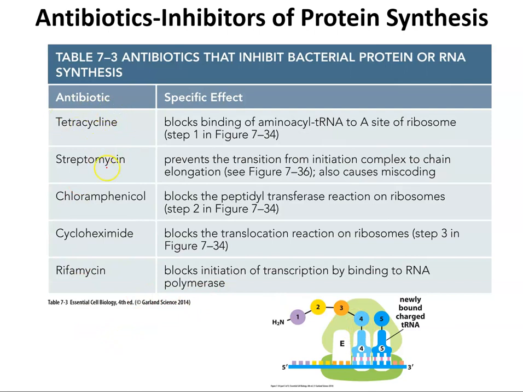So tetracycline, streptomycin, chloramphenicol, cycloheximide, rifamycin are all different things that typically bind areas where transfer RNA will bind, or mess with the RNA polymerase. Most of our antibiotics are based on binding to pockets where these processes are occurring.